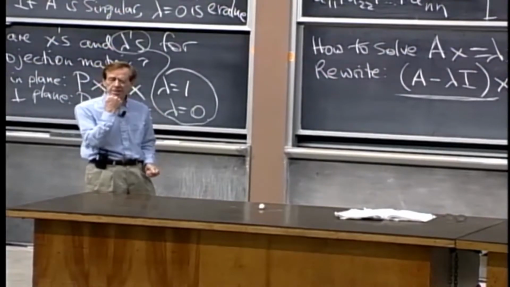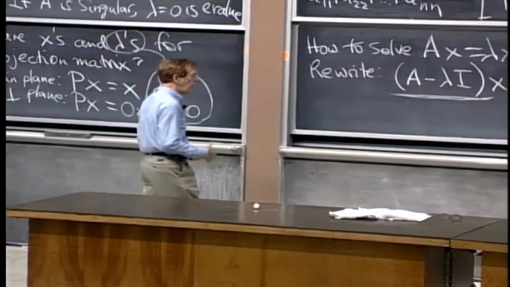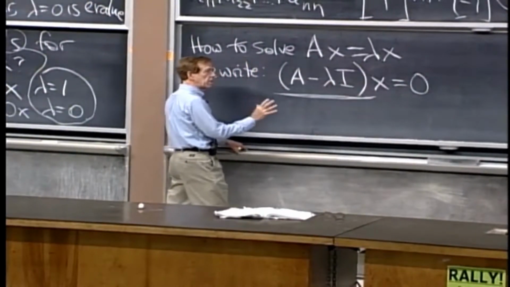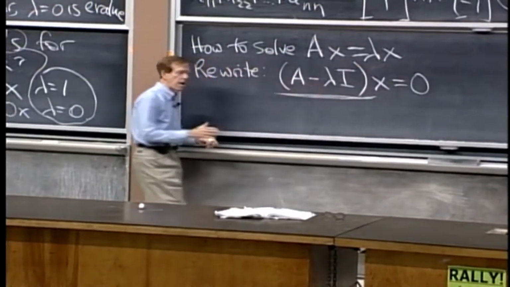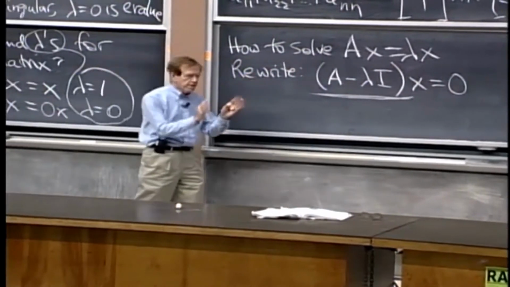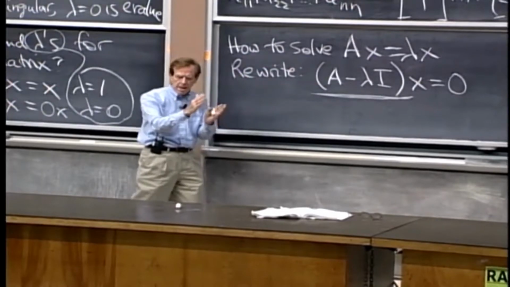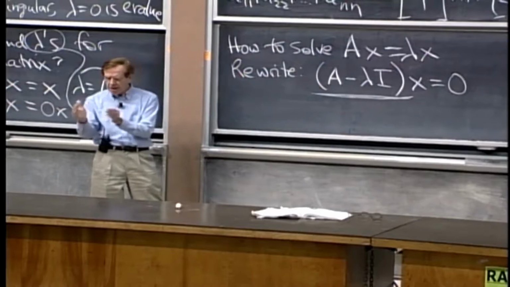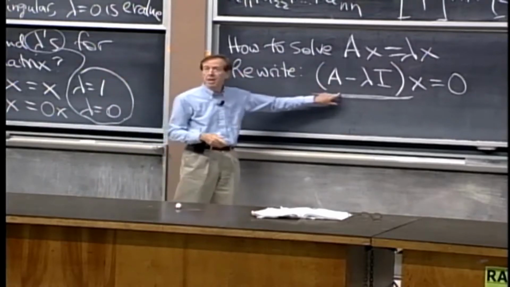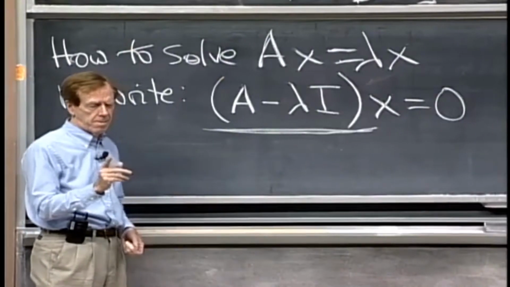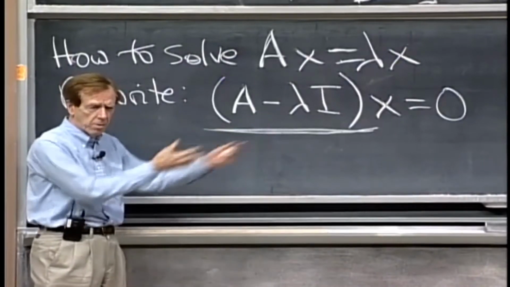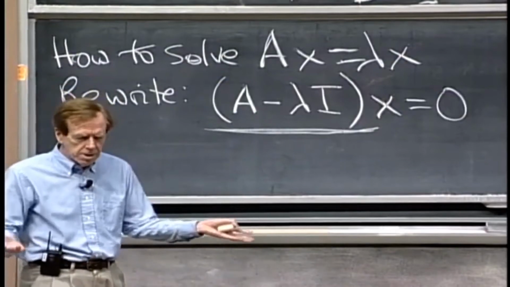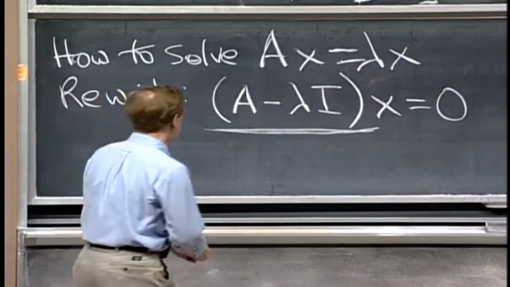I'm going to find lambda first, actually. But if there is an x, it tells me that this matrix, this special combination, which is like the matrix A shifted by lambda I, has to be singular. This matrix must be singular, otherwise the only x would be the 0 x and 0 interest. Okay, so this is singular.